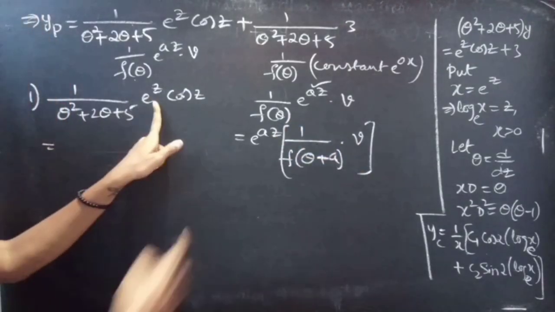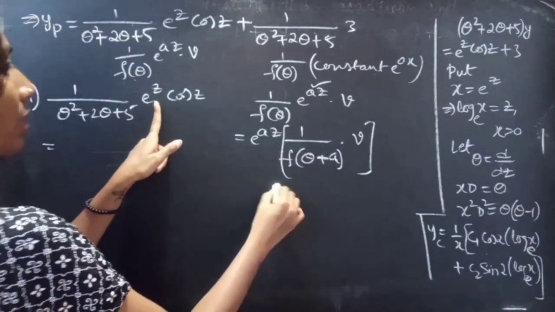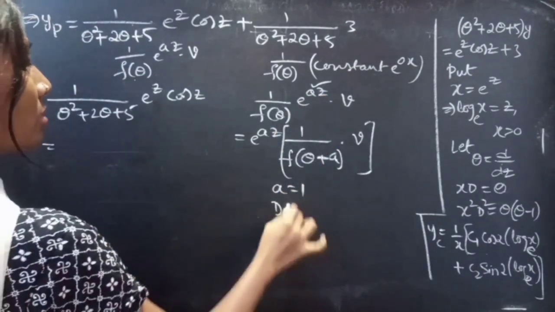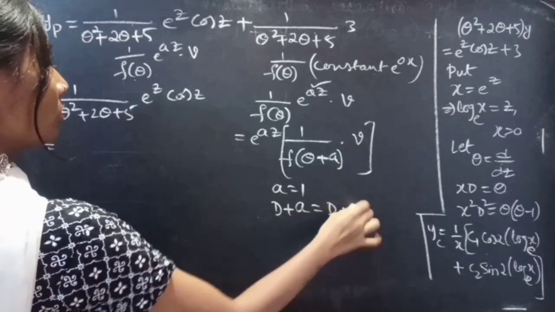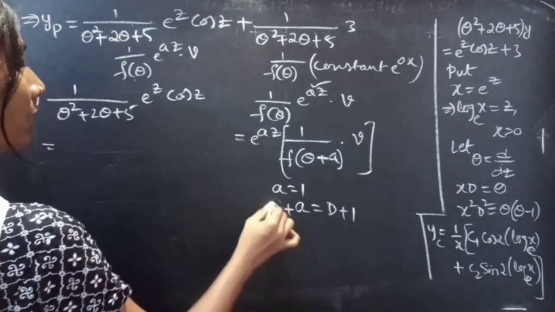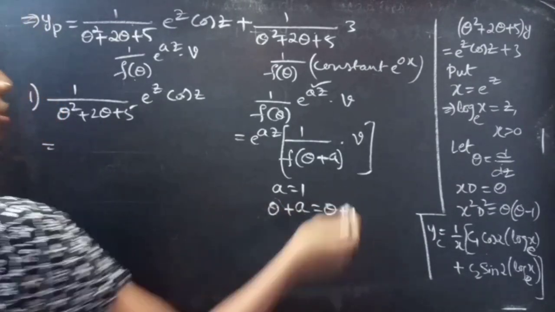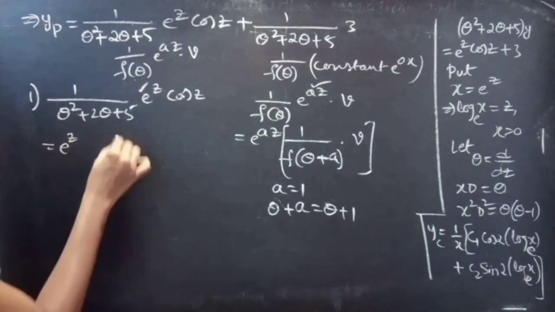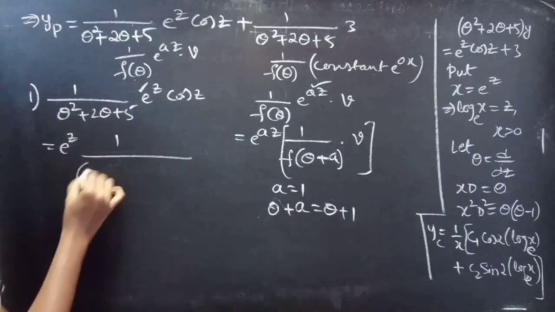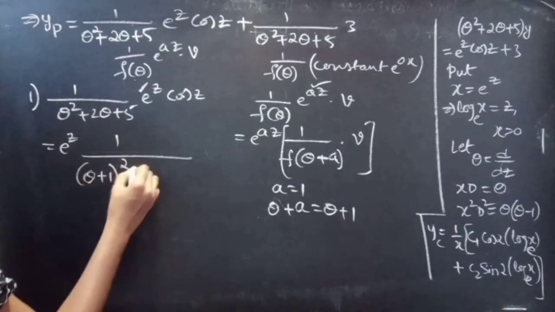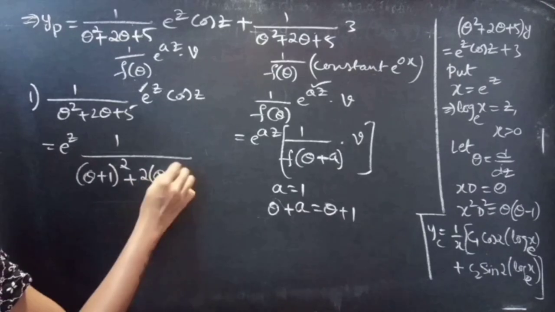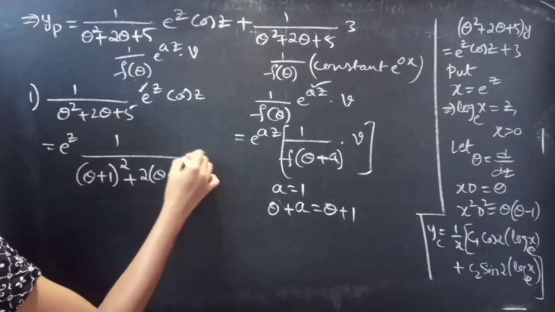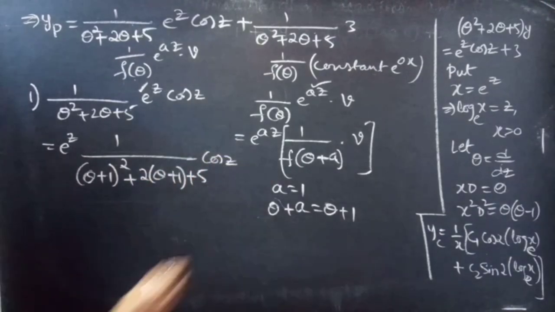Just compare e power z with e power az, then for a equals 1 we'll find theta plus a, which is theta plus 1. Here theta is a differential operator. Now shift e power z towards the left by replacing theta with theta plus 1. We'll get theta plus 1 whole square plus 2 into theta plus 1 plus 5 into cos z.